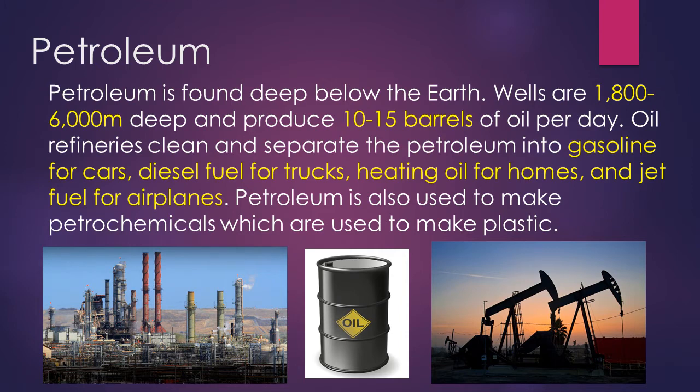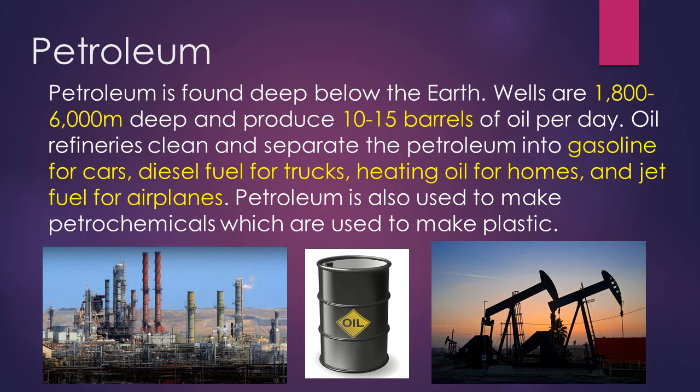Petroleum is found deep below the Earth's surface. Typically wells are 1,800 to 6,000 meters deep, and they produce 10 to 15 barrels of oil per day. Now, oil refineries clean and separate the petroleum. If you look at the bottom left picture, that's an oil refinery.